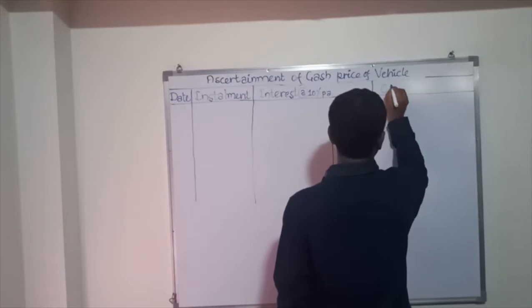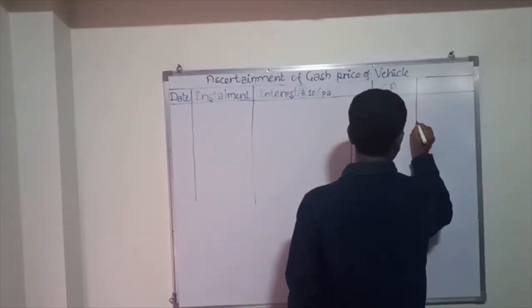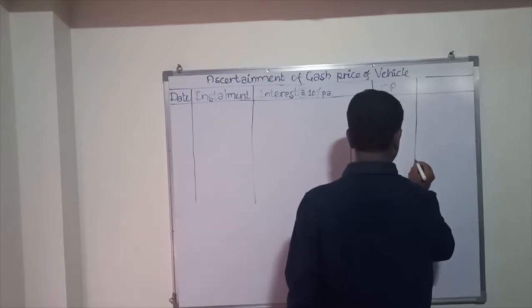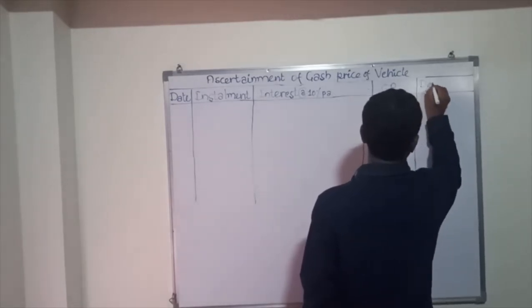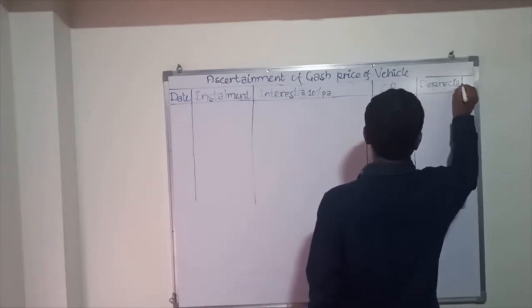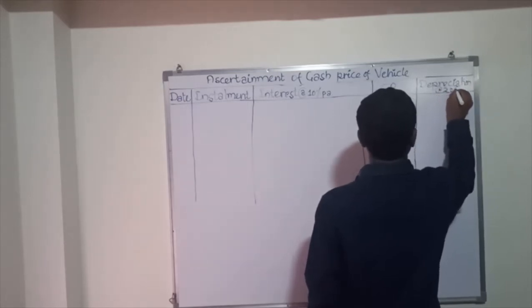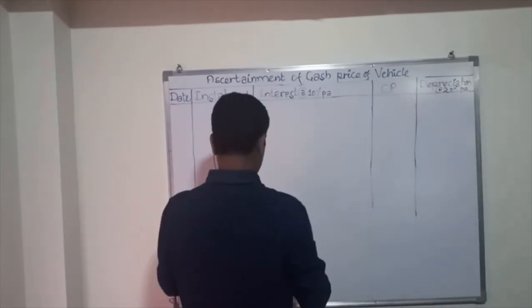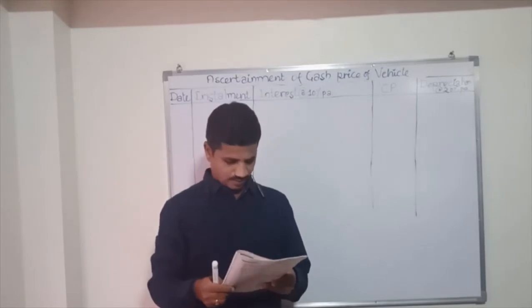Then CP, then depreciation at the rate of 20%, it is given here, 20% per annum. So now we need to go by the backward method of calculation.